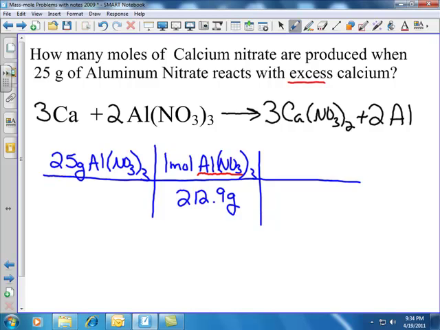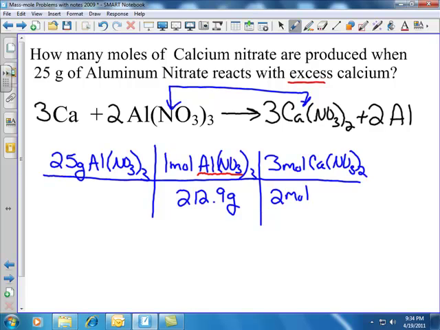In this case, I want calcium nitrate, so my mole ratio is between those 2 compounds. So I have 3 moles of calcium nitrate to 2 moles of aluminum nitrate.